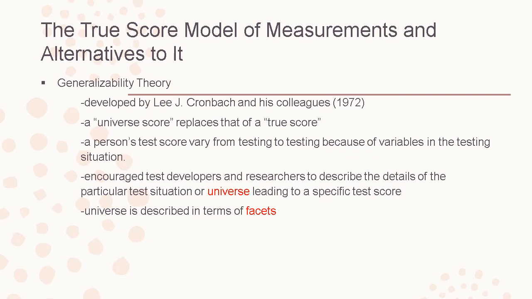If observed scores from a procedure agree closely with each other, we say the observation is accurate, reliable, or generalizable. Thus Cronbach encouraged test developers and researchers to describe the details of the particular test situation or universe leading to a specific test score. Universe is described in terms of facets.